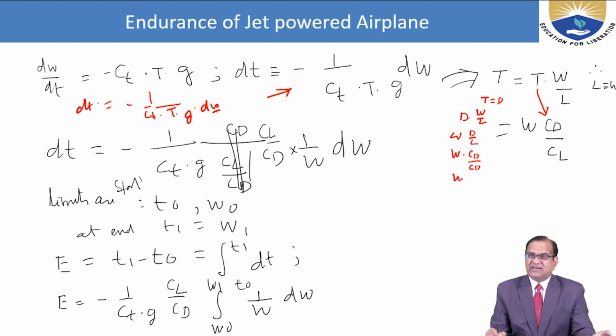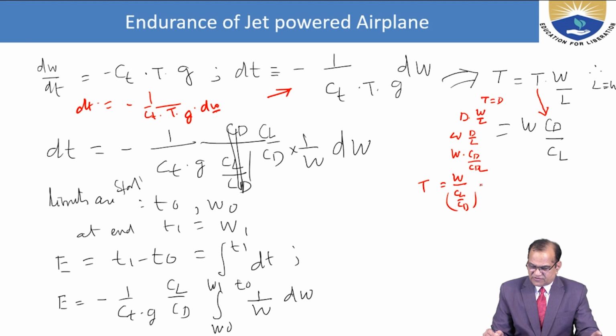Also I can write W by CL by CD. So for T we can write W by CL by CD. This transformation we will use here.